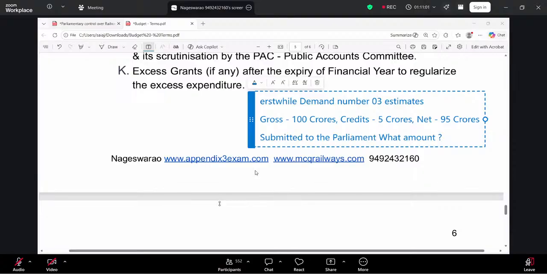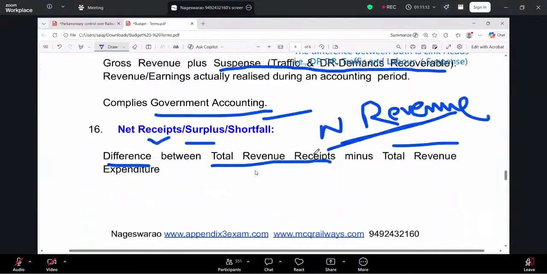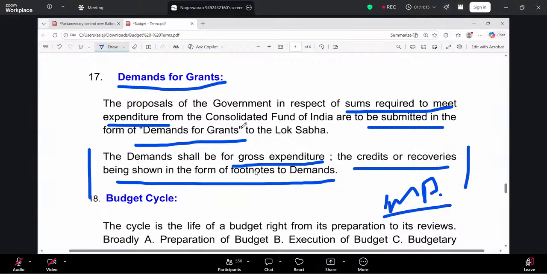Any urgent queries, you can raise the hand. Srinivasu. Yes, please stop. Yes, 100 crores is the correct one. Because, please check, this is the gross. The demand shall always be for gross expenditure, not net. Why?